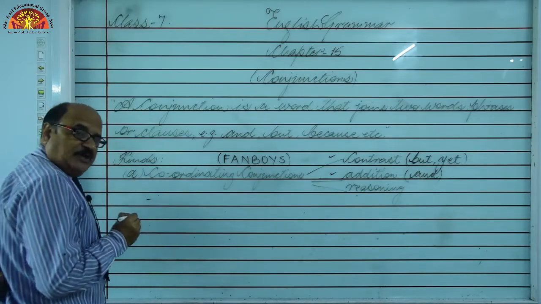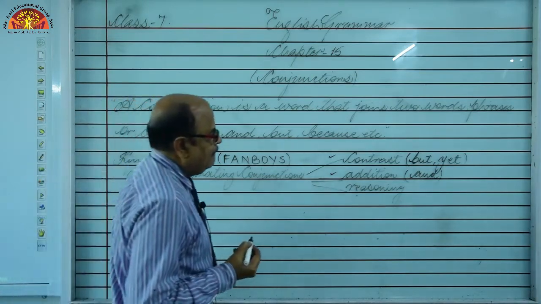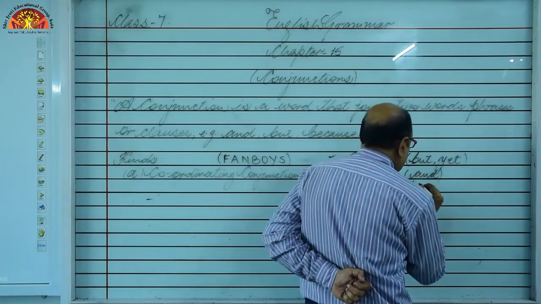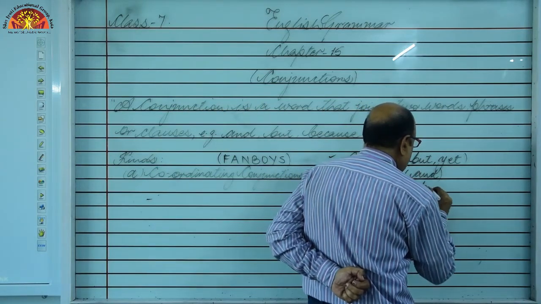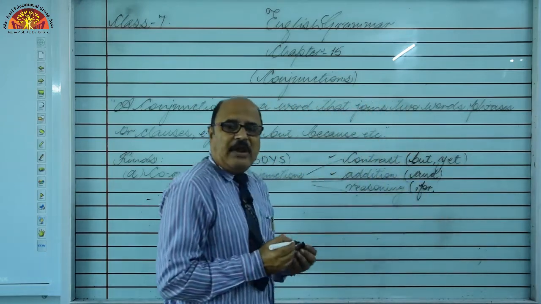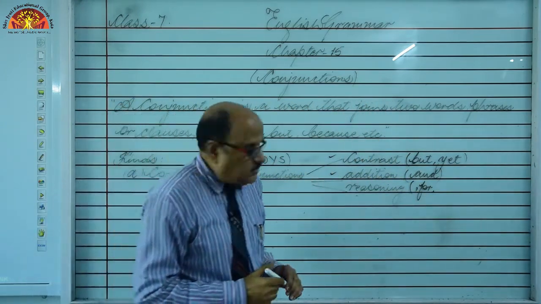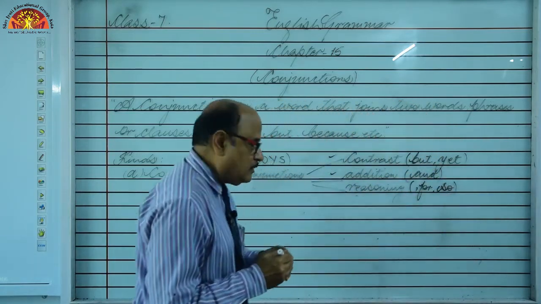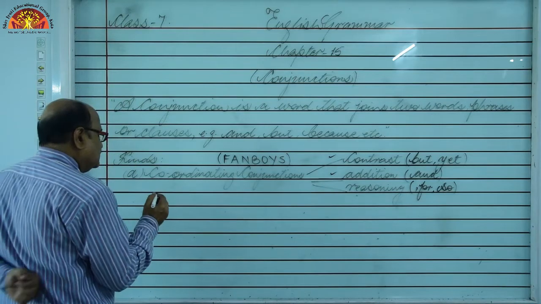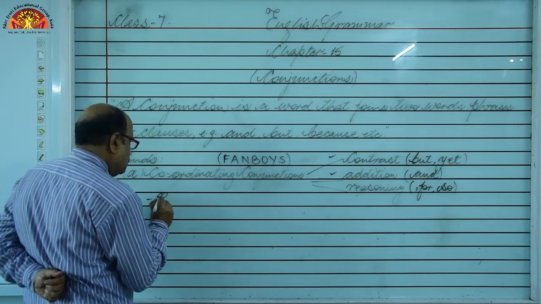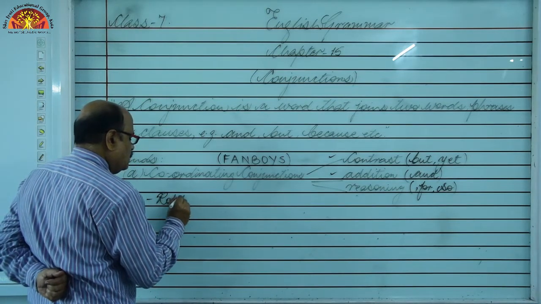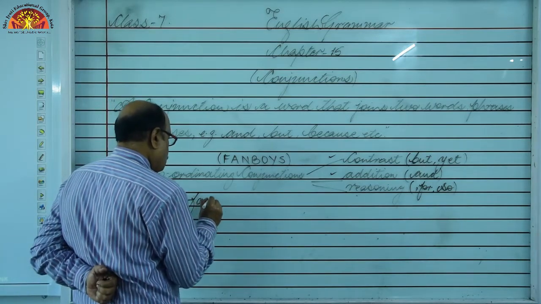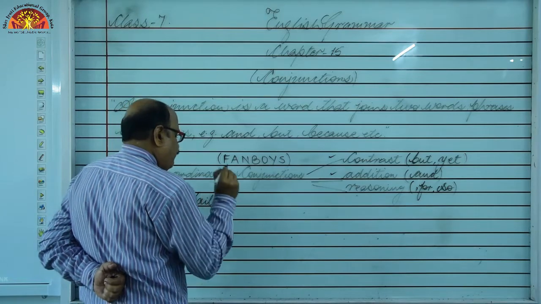One sentence is there. And for reasoning, we can use comma for. Look here. Suppose the sentence is Rohit failed.